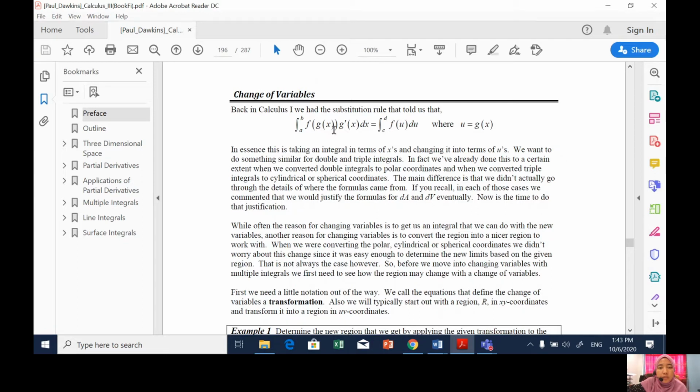The concept in changing the variables will be based on this integral. I'm going to read the integration for f(g(x)) and its derivative g'(x) with respect to x, from a to b, which will be equivalent to the integral of f(u) du between c and d, whereby u is equal to a function g in terms of x.